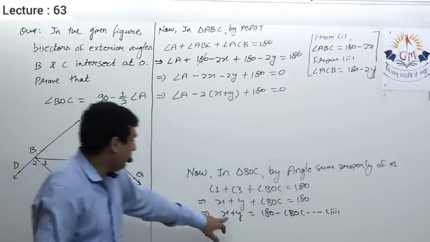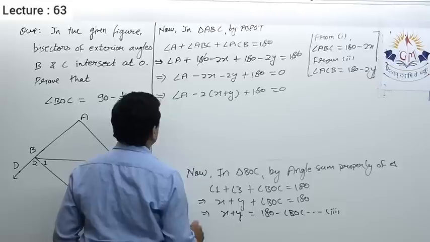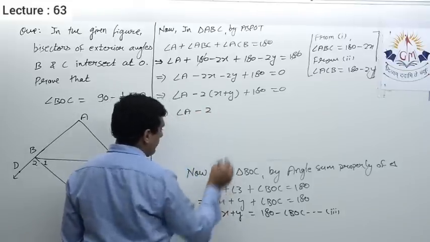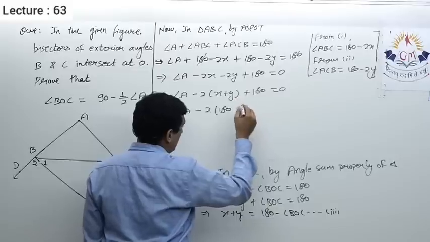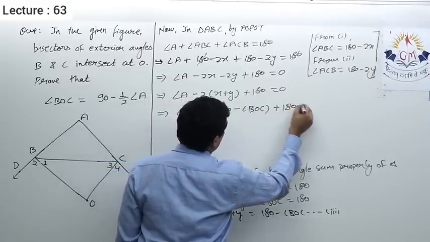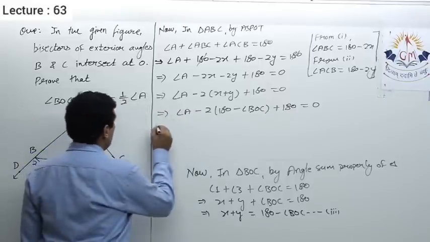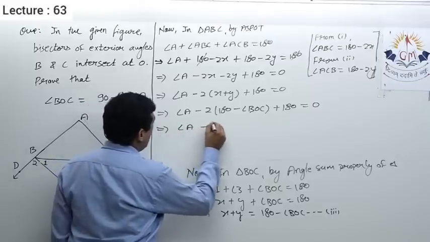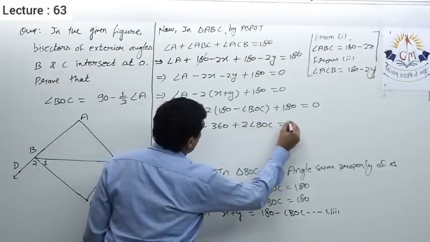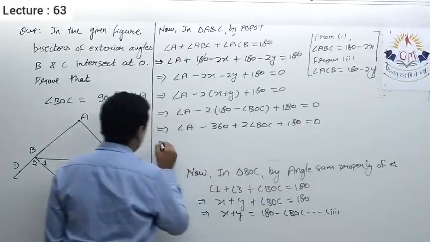Now I will put this value of x plus y over here. So this gives me angle A minus 2, now x plus y is 180 minus angle BOC, plus 180 is equal to 0. Okay, so angle A minus 360 plus twice of angle BOC plus 180 is equal to 0.